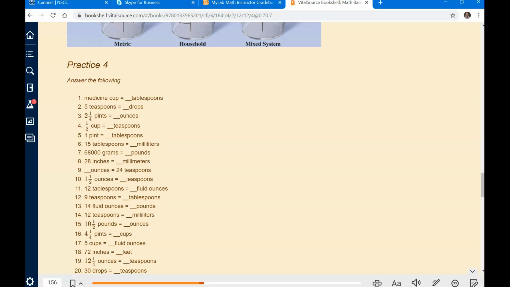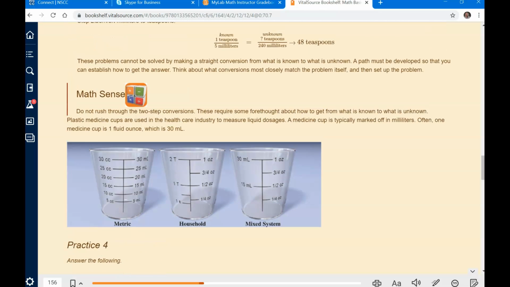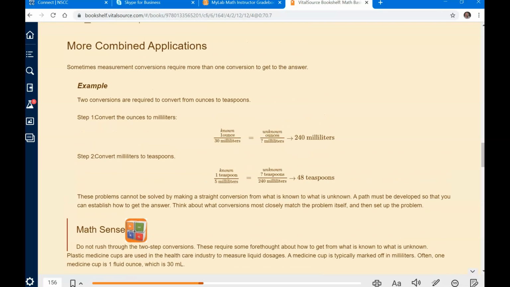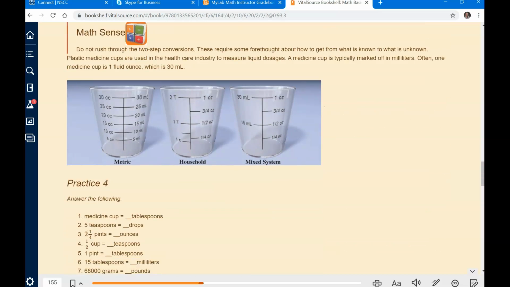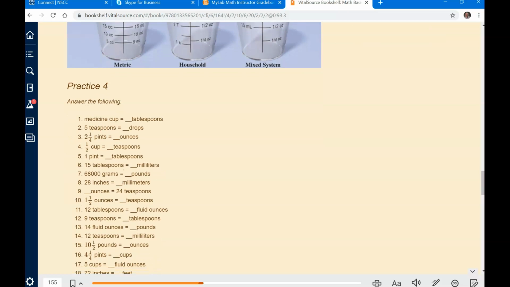So the last section here talks about combined applications. It looks like things like from cups to mils. So let's look at one of those.